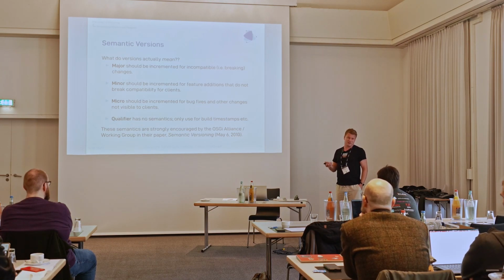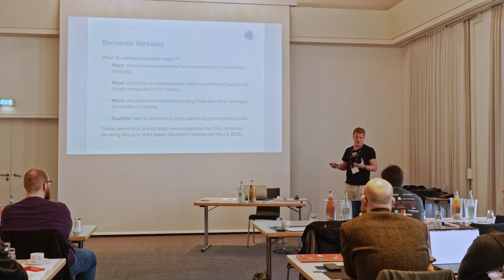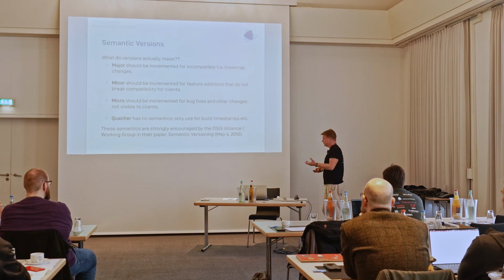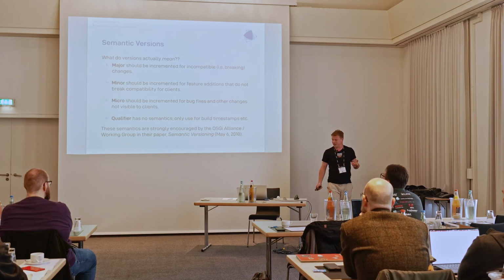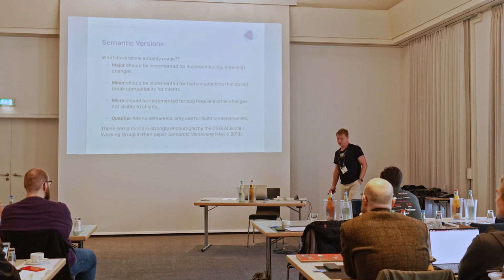If you use this library in the newer version, you need to do some implementation work because it's binary incompatible, or, for instance, if you now need to call a start transaction method first, and if not, everything else throws an exception. If stuff like that happens, whoever uses this knows, okay, I need to do something about it, and I can't simply pull this in.